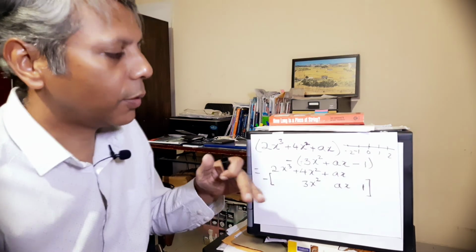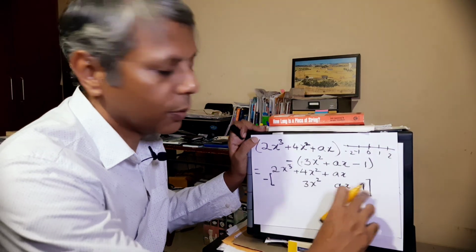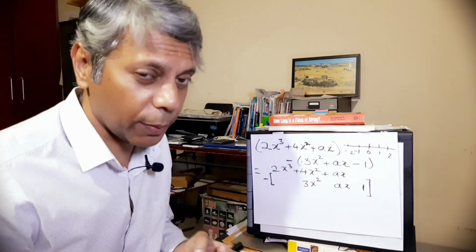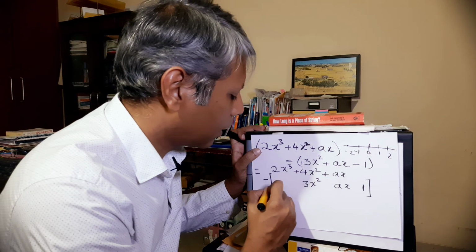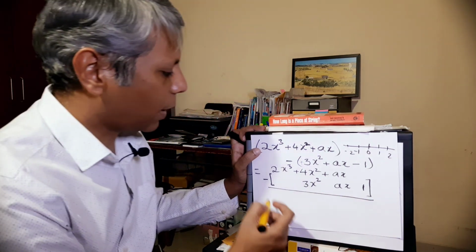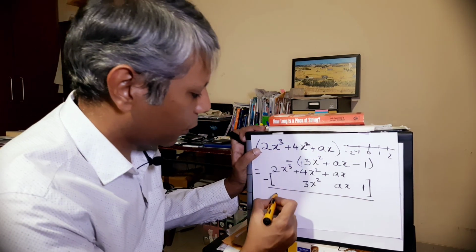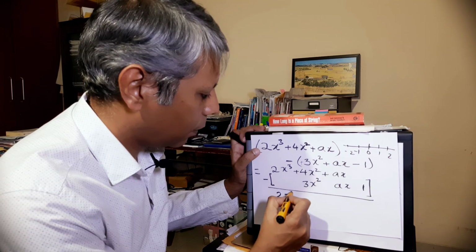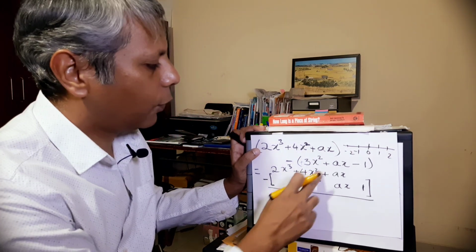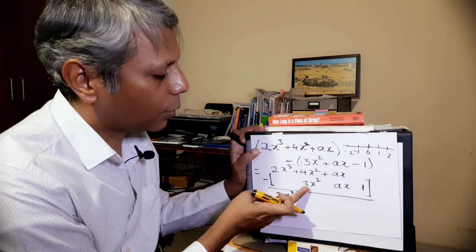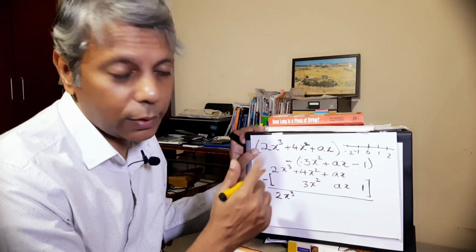It is as though you have numbers on top and a line of numbers below, like you were doing arithmetic. And when you subtract, you find there is 2x cubed, 4x square, from 4x square you take away 3x square. So what are you left with? An x square.